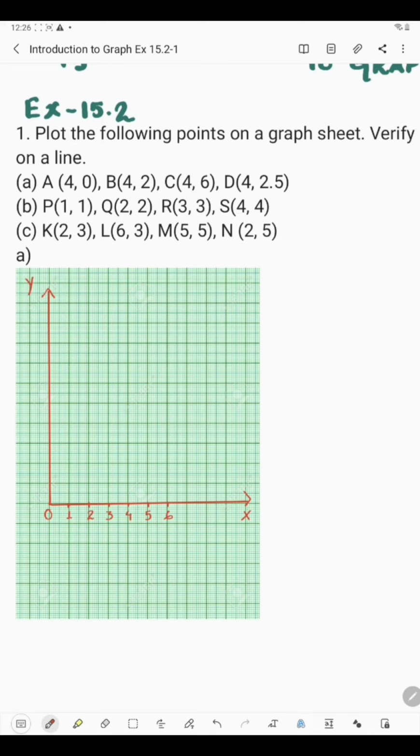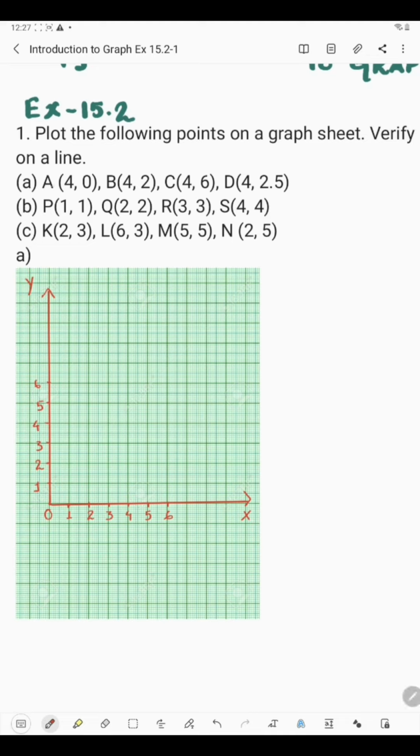Similarly, on the y-axis, we will take one box equal to 1 unit. In one box, a total of 10 small boxes are there. So here 1, again after one box we will write 2, then 3, then 4, then 5, then 6.